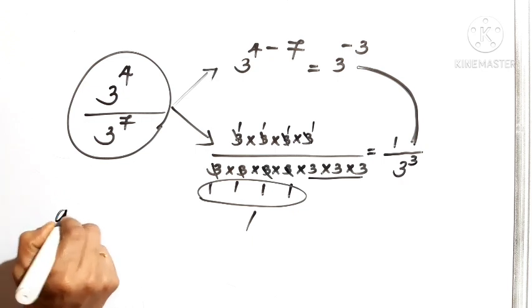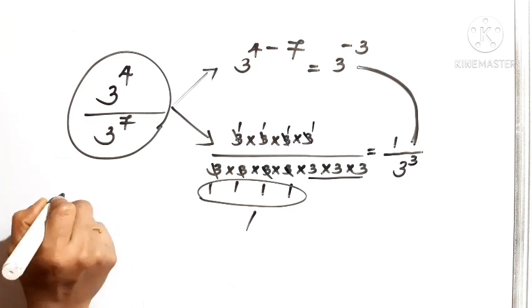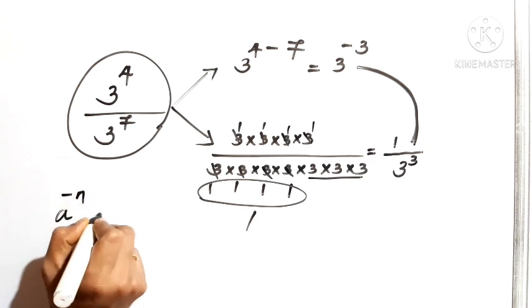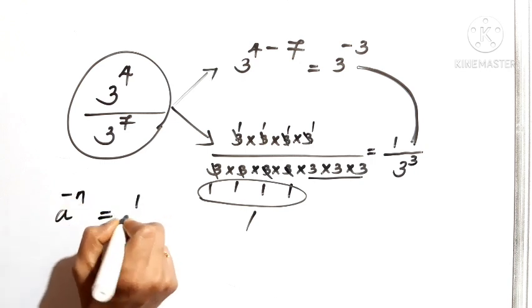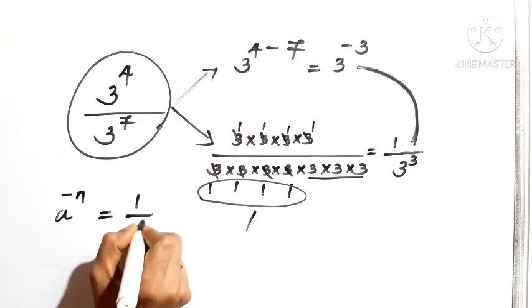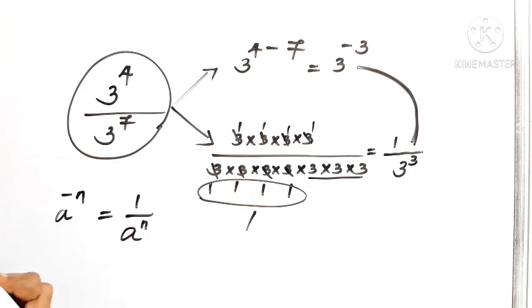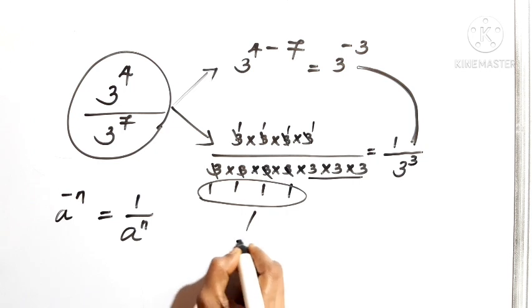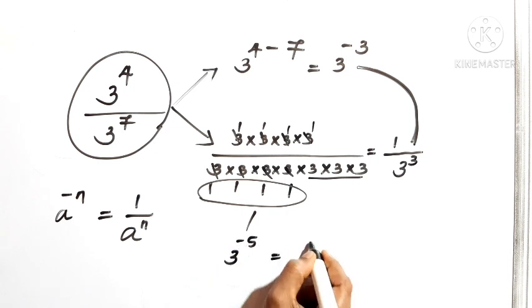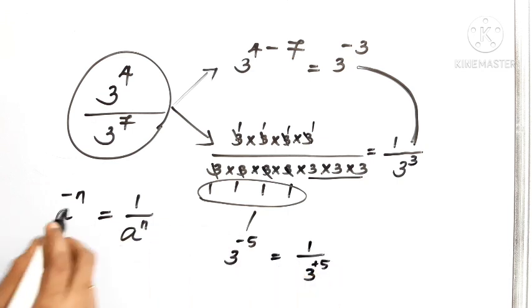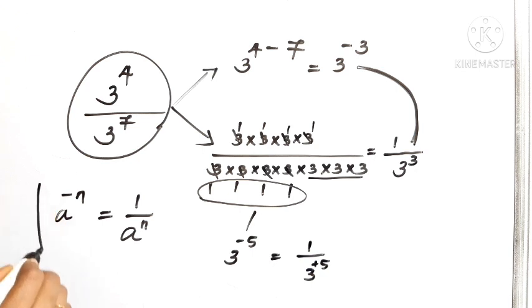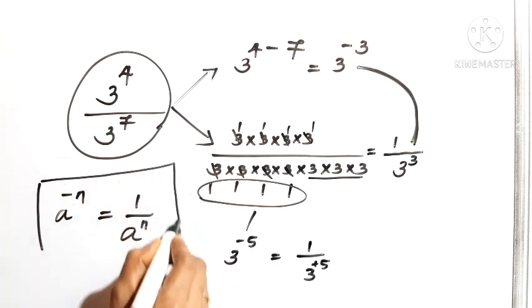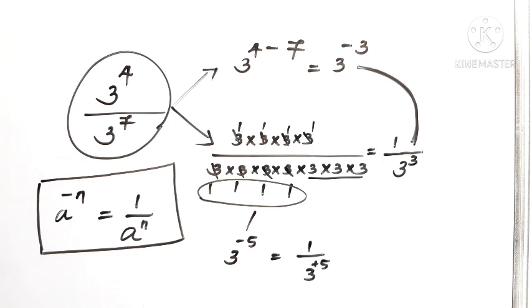A raised to minus n equals 1 by a raised to positive n. Okay. For example, 3 raised to minus 5 also equals 1 by 3 raised to positive 5. Is it clear children? Next exponential law, a raised to minus n equals 1 by a raised to positive n.